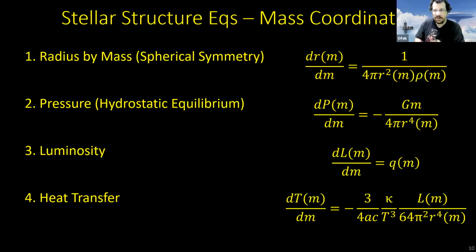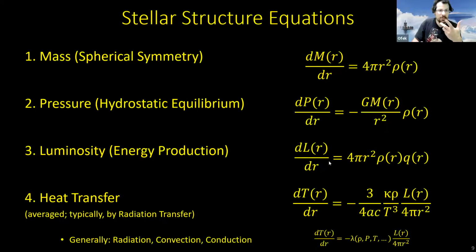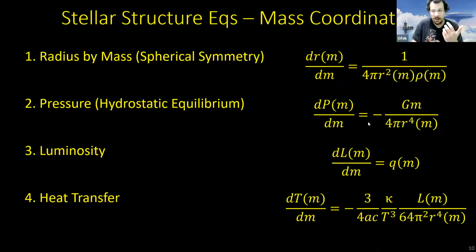An even greater simplification is in the third equation, because the luminosity before was growing by 4 pi r squared rho, that is the amount of mass that you added, times q, the energy production per unit mass. But by switching the variable from r to m, all of that 4 pi r squared rho is exactly the Jacobian.